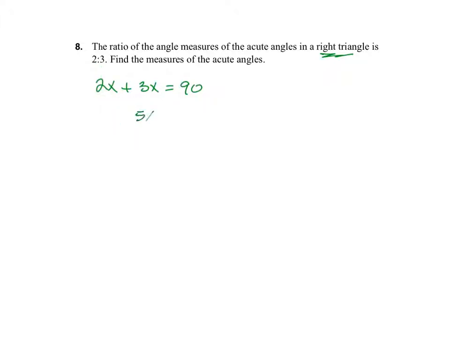So 5x equals 90, divided by 5, so x equals 18. That's just x. Now I need to find the measure of the acute angles. The first angle is going to be 2 times 18 is 36, and the next one is 3 times 18 equals 54 degrees.